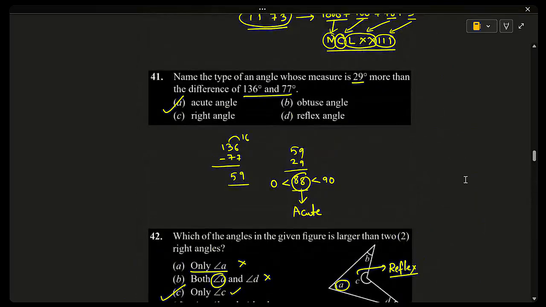Sir, I did not understand this one. First, the difference of 136 and 77. The difference is 59, right? Yes, sir. Then they're asking 29 more than that. 59 plus 29 is 88, right? 88 lies between 0 and 90. Any angle lying between 0 and 90, we call it acute angle, right? Yes, sir.